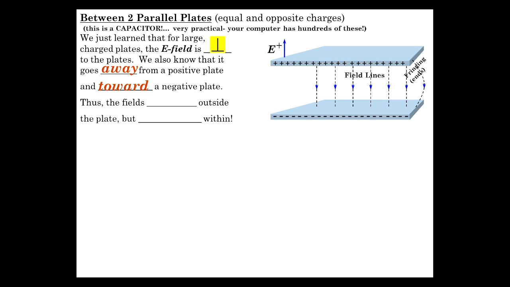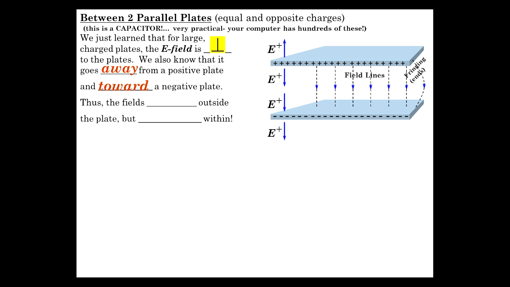Now it's uniform everywhere in space, so it's away from the plate on this side, but a little further away, it's still away from the plate, so it's the same size and direction here as here. And then forget about the negative plate for a minute. We can go even further away from the plate and still discover that the E field is constant. So all these E field vectors are from the positively charged plate.